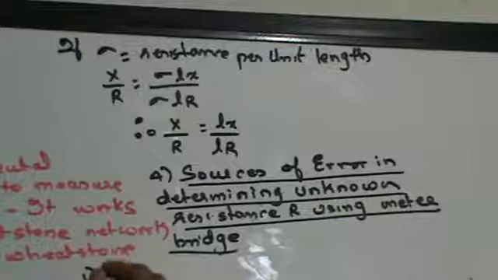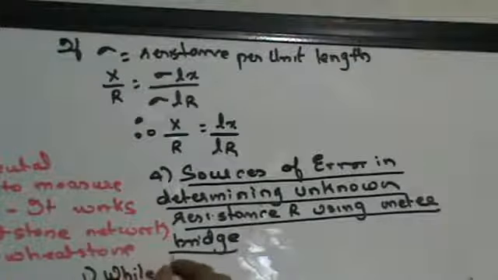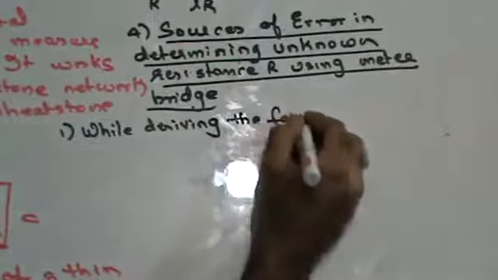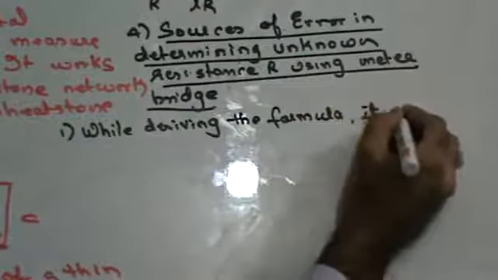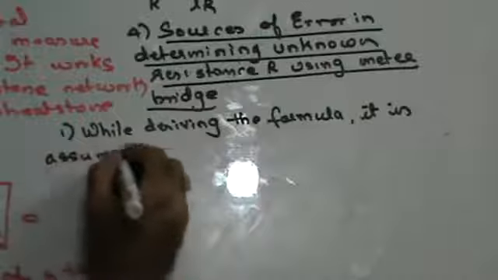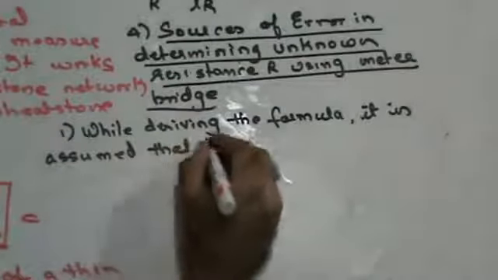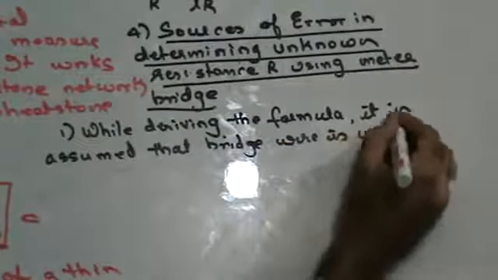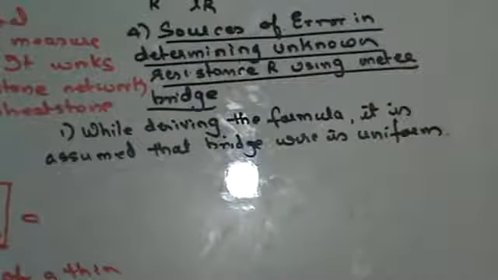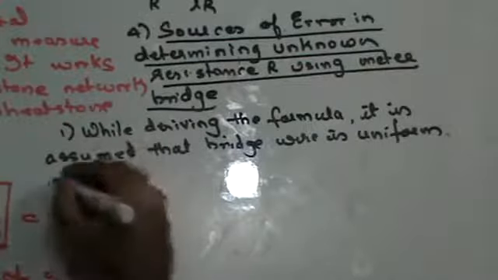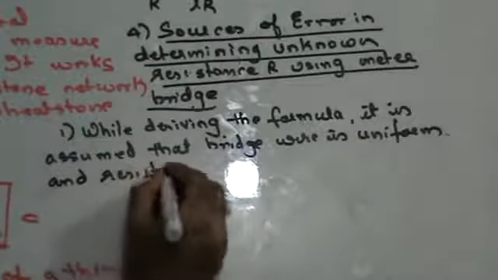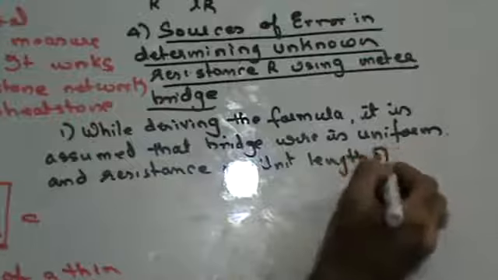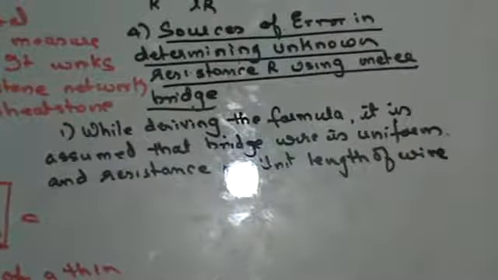So the first error is that while deriving the formula, it is assumed that the bridge wire is uniform and the resistance per unit length of wire is the same throughout.